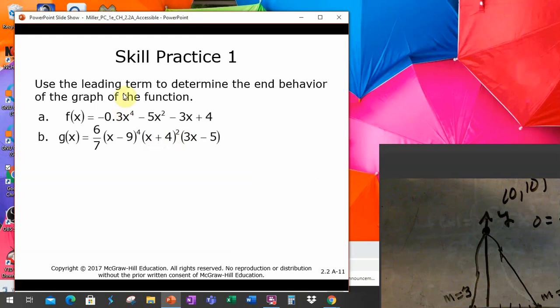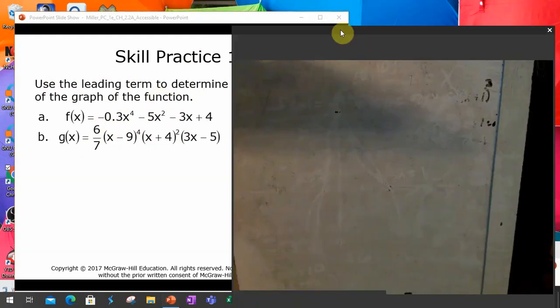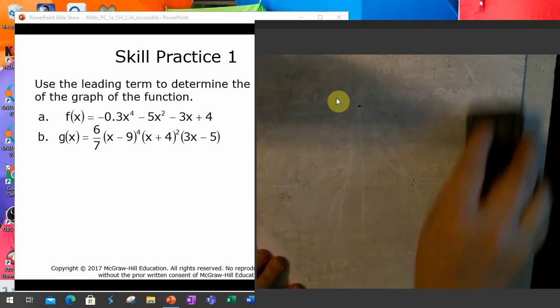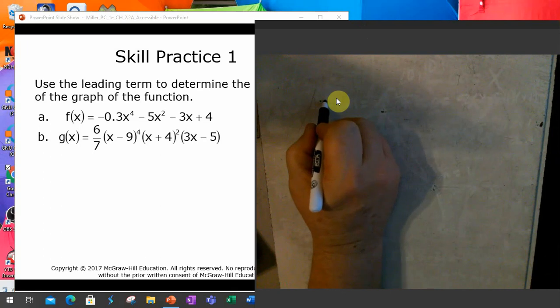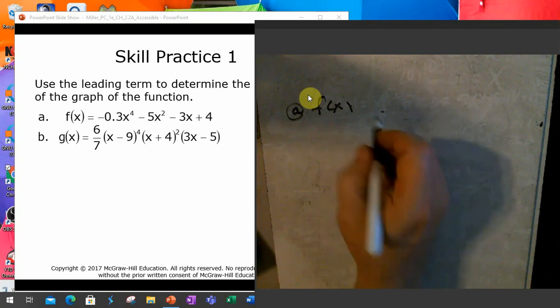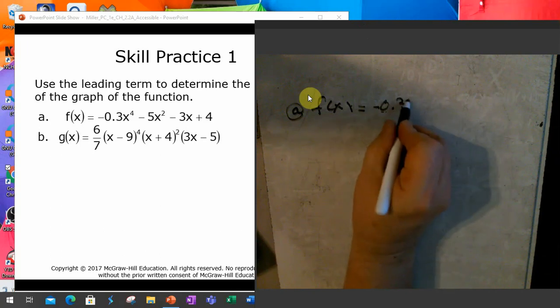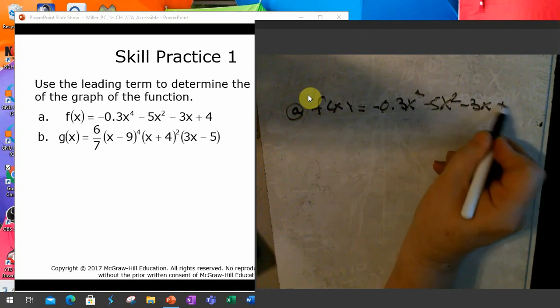Okay, so we're just going to do the end behavior real quick, picking out the degree and the leading term. For part A, f of x is -0.3x to the 4th minus 5x squared minus 3x plus 4.